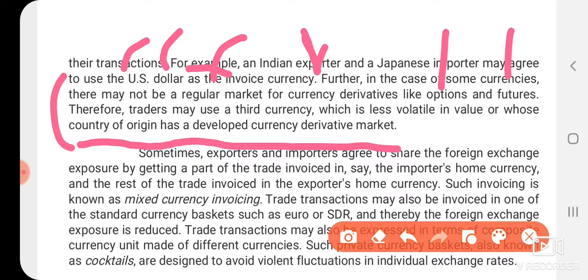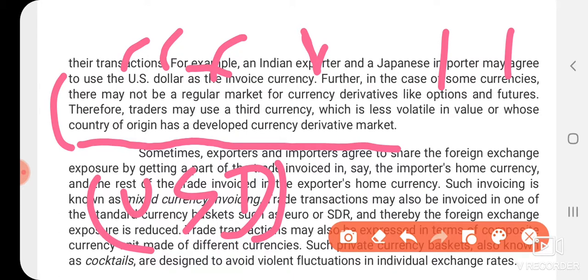Because for all currencies there won't be a regular market. So in such situations, in order to avoid this, they are using a third currency, that is US dollars. Why? Because US dollars have a regular market.